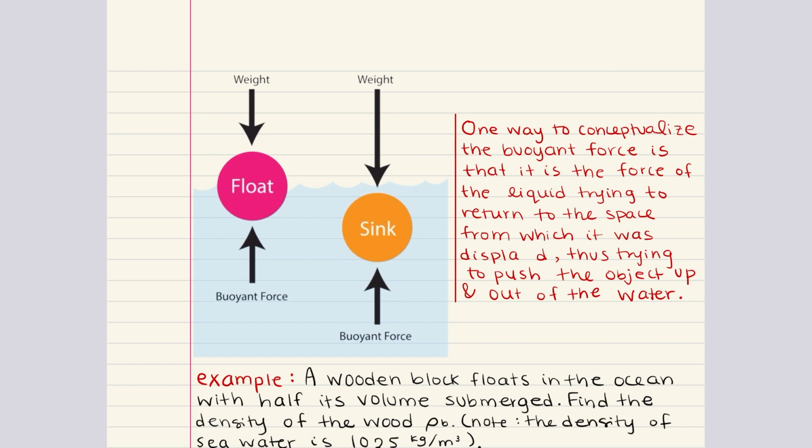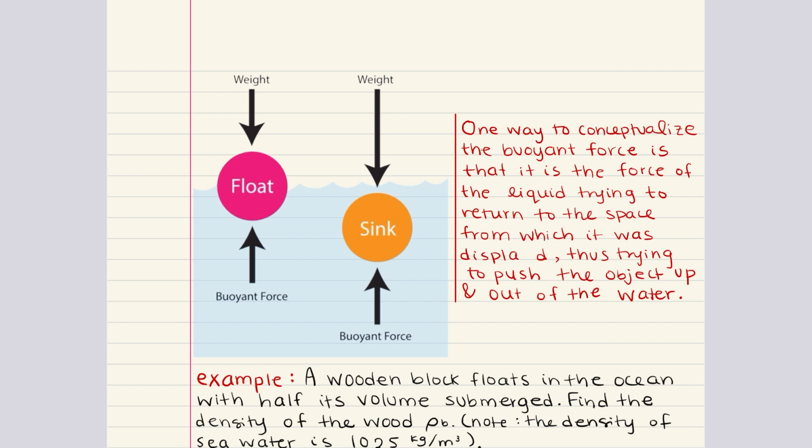For example, if an ice cube with a density of 0.92 grams per cubic centimeter is placed in water, which has a density of 1 gram per cubic centimeter, it will float with about 92% of its volume submerged because its density is 92% that of water.